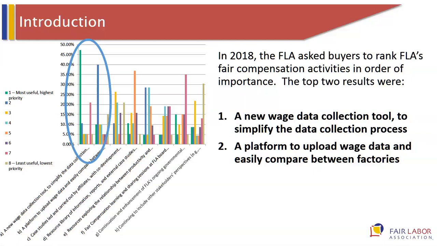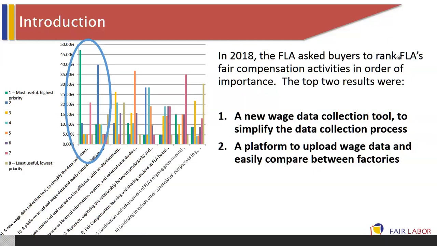You all know that stage one of our fair compensation work plan was called Taking Stock. And part of that is really understanding, as I said, what wages look like in factories within our supply chains. We started out with a fairly complicated tool.